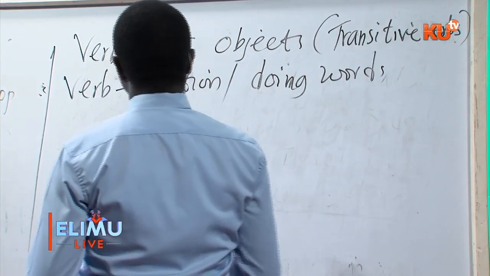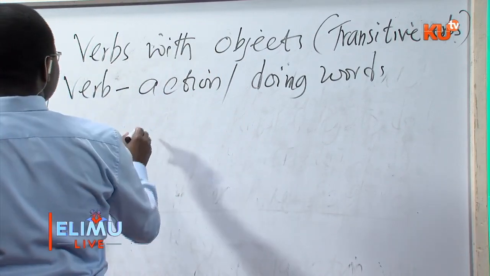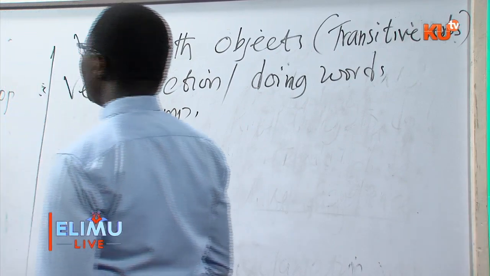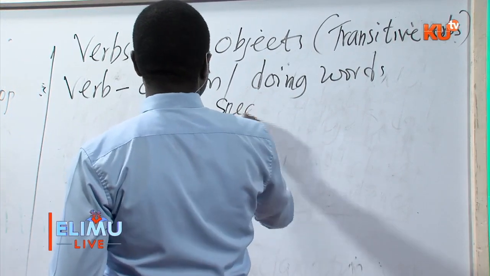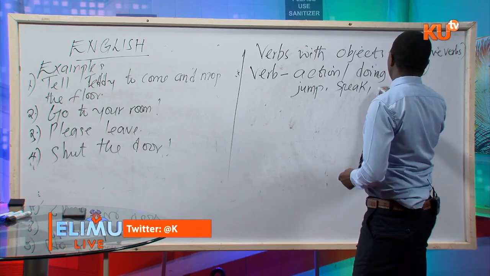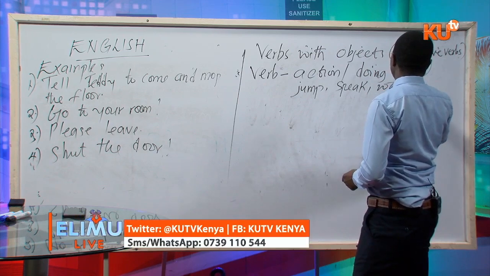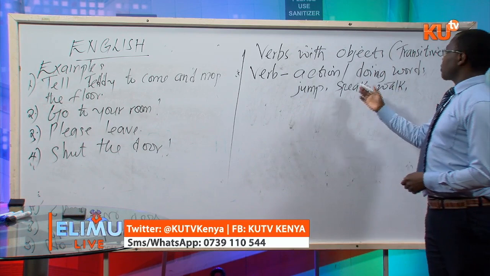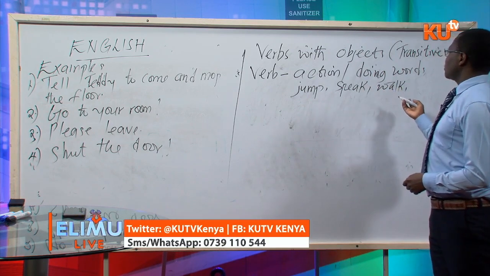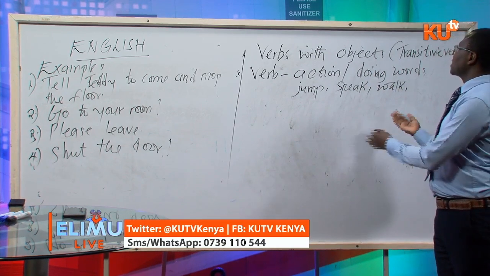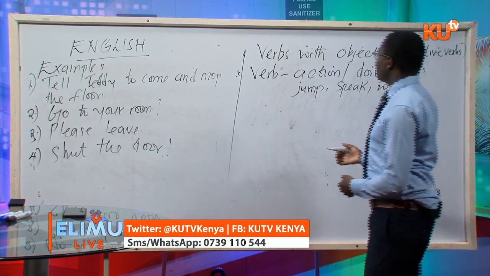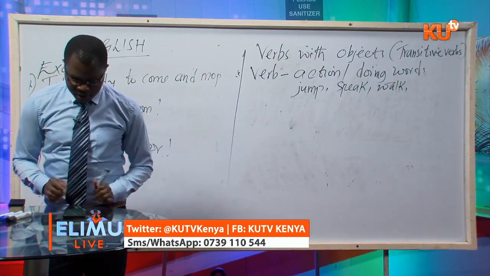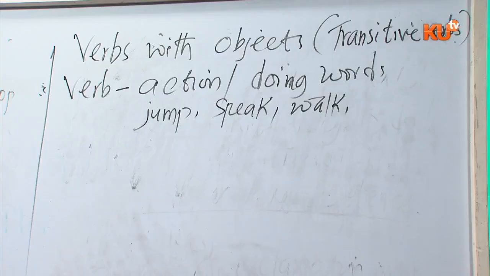Whenever you want to express an action, we use verbs. For example, jump is a verb, speak is a verb, walk is a verb, right? They express action, or they are used to say what happens. Then we'll be looking at an object later as I go by.